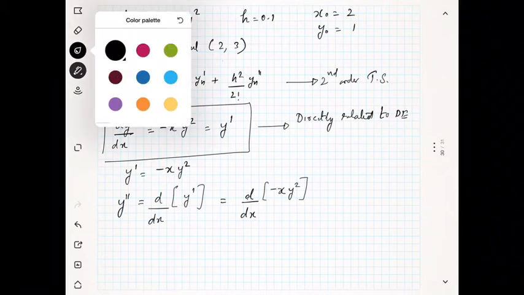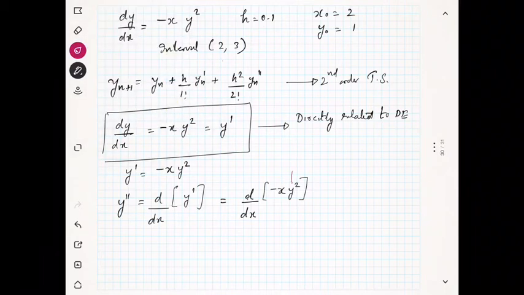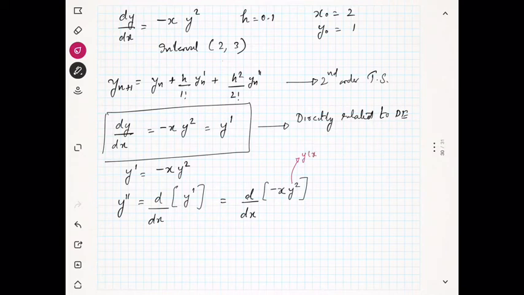But you should note that this is x and this y is a function of x, so y square is also a function of x. So we have to apply the product rule in the differentiation. First I will differentiate with respect to x. If you differentiate this function with respect to x, then the only thing remaining is minus y square, because d by dx of x is 1.